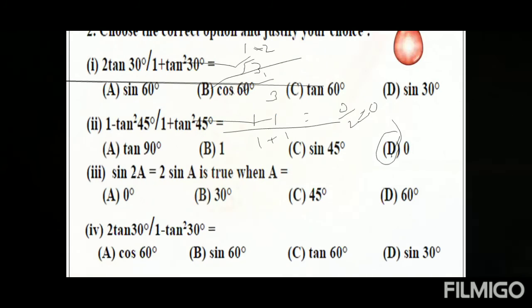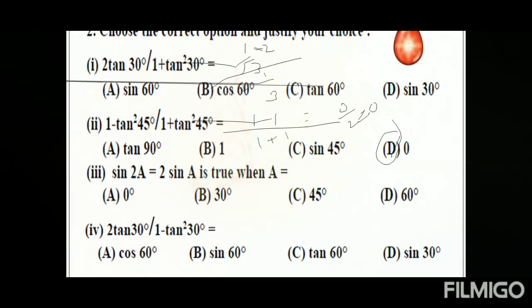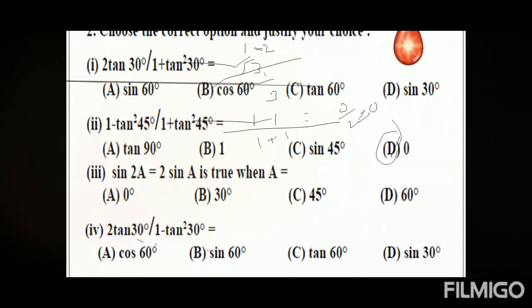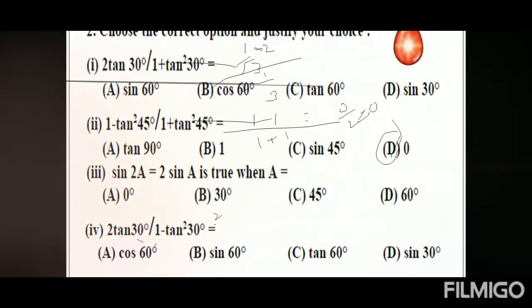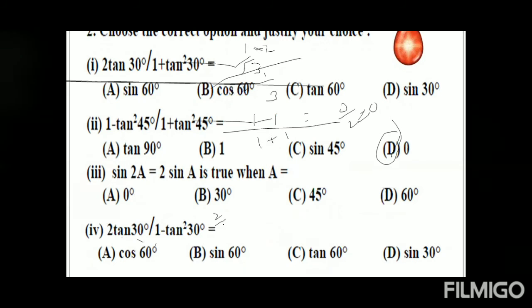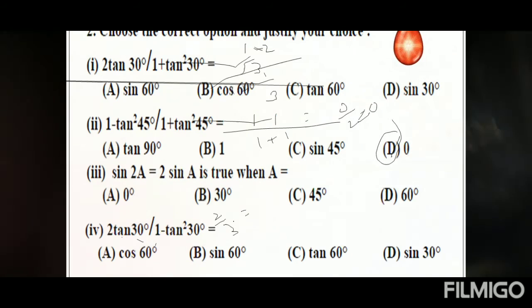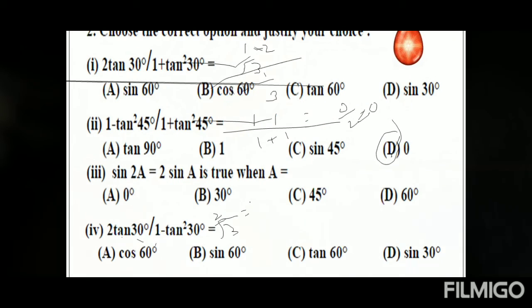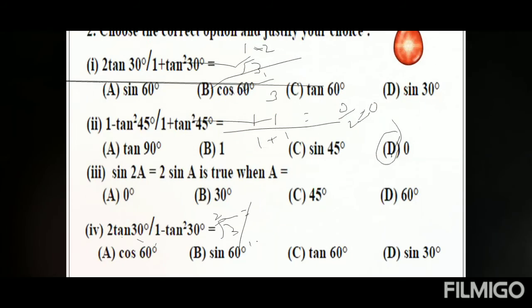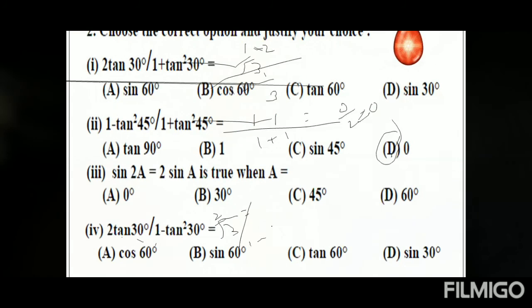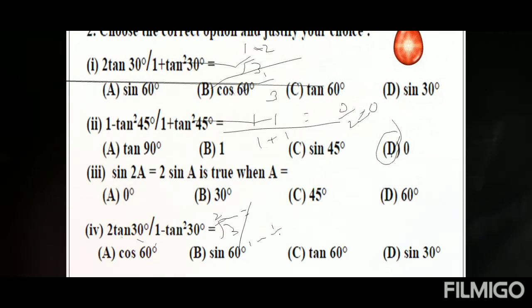Okay. Next. We have finished this. Next, fourth one. 2 tan 30 by 1 minus tan square 30. What is tan 30? Tan 30 is 1 by root 3. 2 by root 3 by 1 minus 1 by 3.